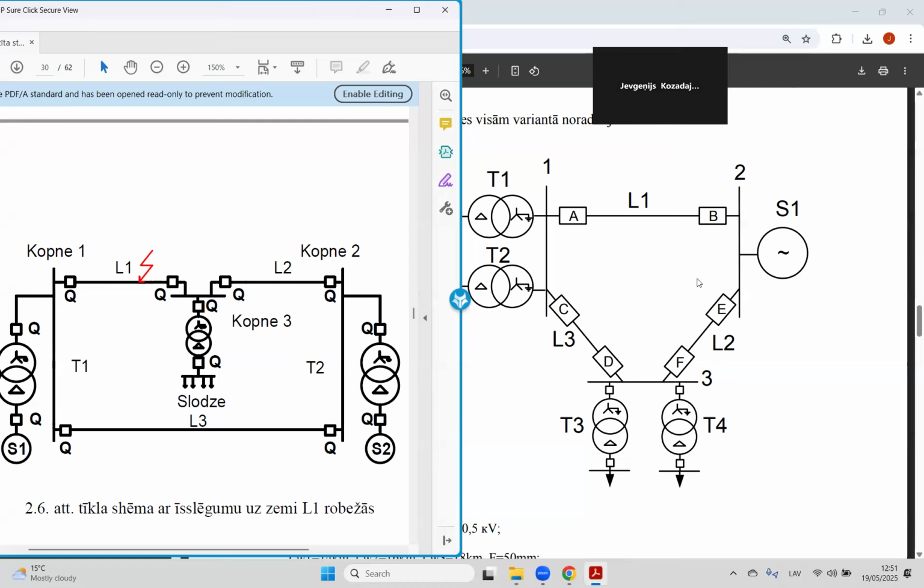If the fault current real flow is opposite the protection device direction, it means that this is not our client. We ignore it, because we need to ensure selective operation. This is very short how this must be. That's why we have protection devices and circuit breakers from every side, in every line.